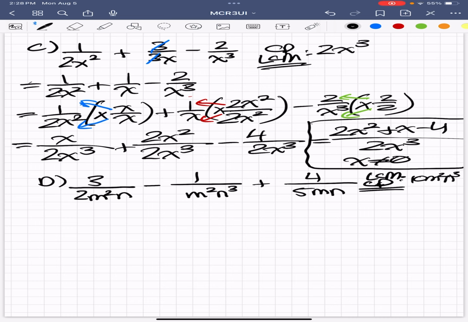So our lowest common multiple in the bottom would be 10 m to the power of 2 n to the power of 3, because our m to the highest degree would be m to the power of 2, n to the highest degree would be n to the power of 3, and our common multiple between 2 and 5 would be 10. And then we have m to the power of 2 and n to the power of 3. So we're going to be multiplying each piece by its own conjugate.